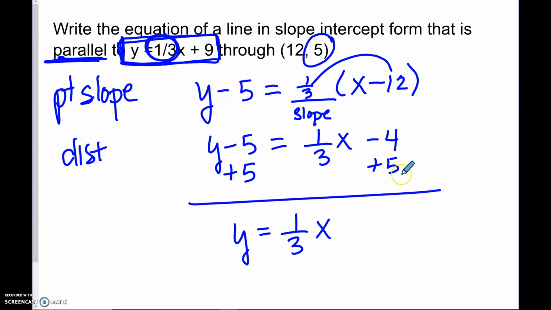Now what's -4 plus 5? Is a +1. All right, in this final equation, what is our slope? Slope is 1/3. And what is the y-intercept? The y-intercept is 1.